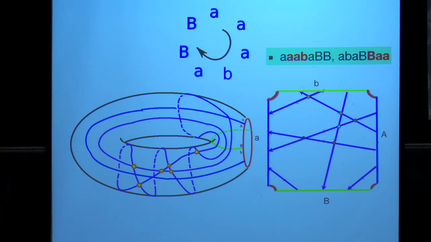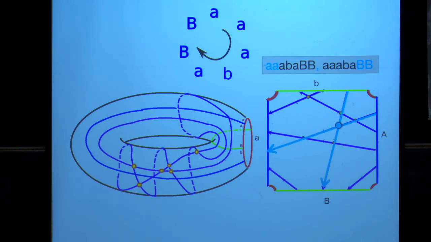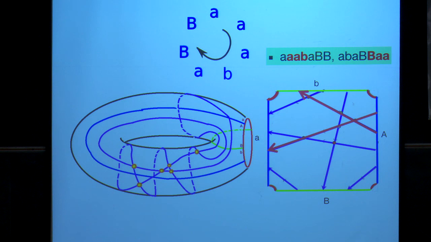Now, I look at the two arcs that contain the crossing point. And if you see, they are both born in the big A edge and go to the small b. The one goes to the small b, the other goes to the little a.